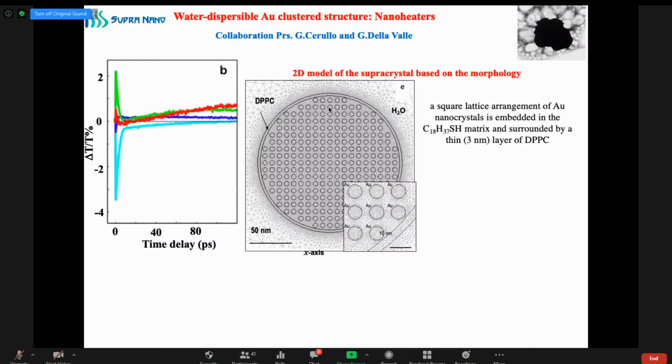And as you can see here, the Young's modulus of the colloidosome is very small compared to the supraball, and the stiffness of the colloidosome is very low compared to the supraball.